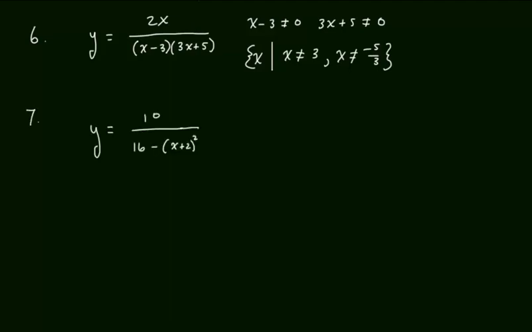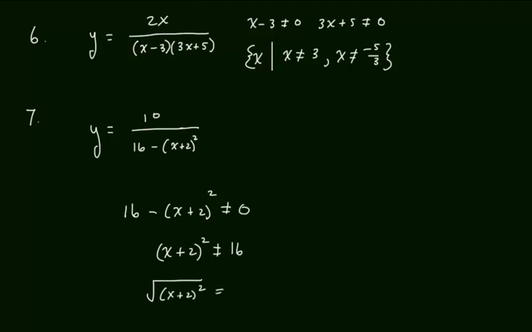I like this problem here. The denominator cannot equal 0. Alright, so I am going to subtract the 16, divide by negative, or I can add this quantity. In the end, we're going to get x plus 2 quantity squared cannot equal 16. We'll take the square root of both sides. And the principal square root comes into play here.